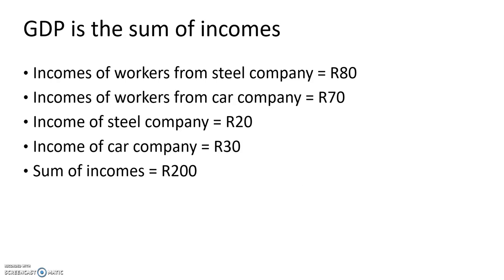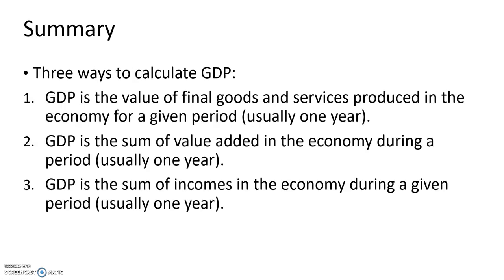Of the 100 Rand of value added by the car manufacturer, 70 Rand goes to labor income and 30 Rand to capital income. For the economy as a whole, income of the workers equals 150 Rand, so it's the 80 Rand plus the 70 Rand. And then the income of the steel company and car company equals 50 Rand, which is the 20 Rand plus the 30 Rand, and the sum of incomes is equal to 200 Rand. And this motivates the third definition of GDP.